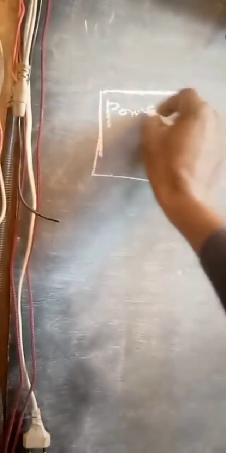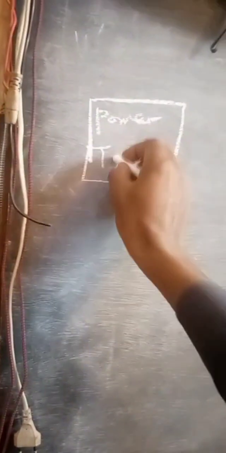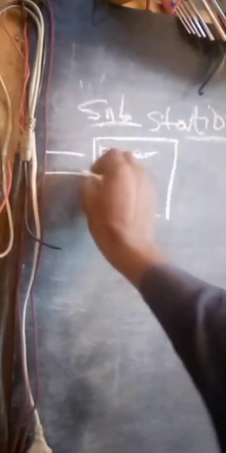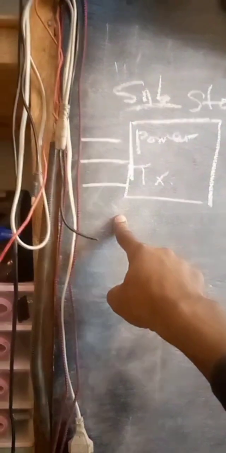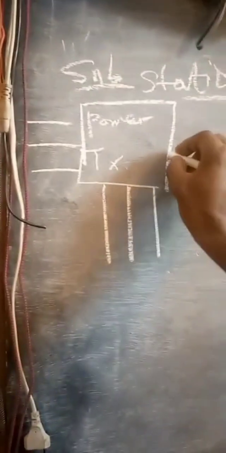So if I have this as my power transformer, that is the substation. If I have that 3 kV getting in from this point, I can give different outputs like this.